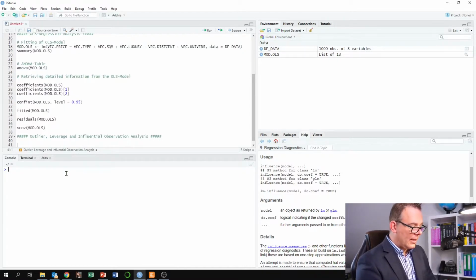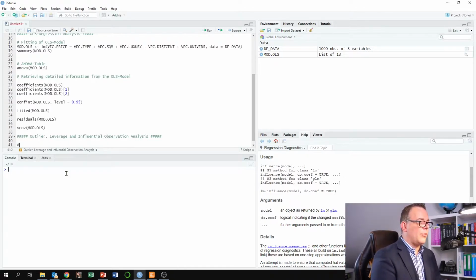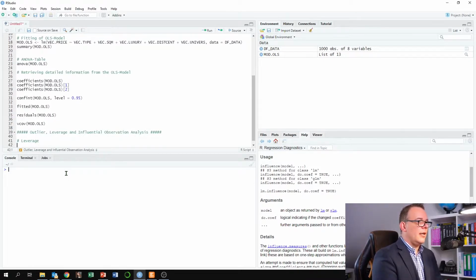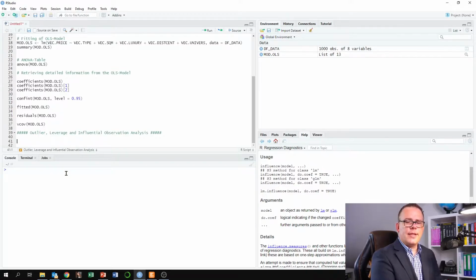Okay, and now of course the first thing that we should analyze is the leverage. Now the first thing we should analyze, of course, are the residuals to find outliers.